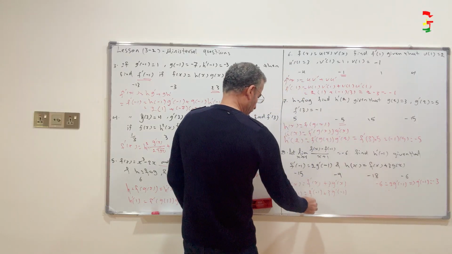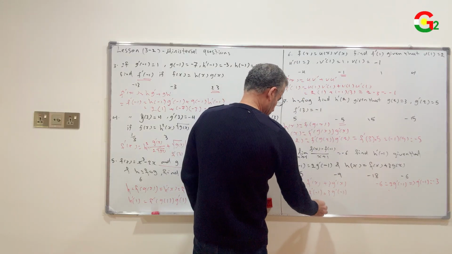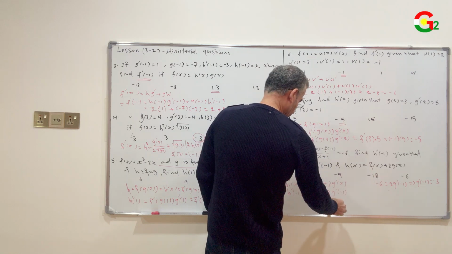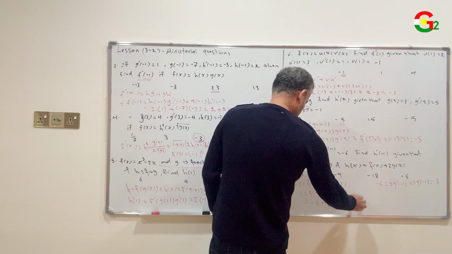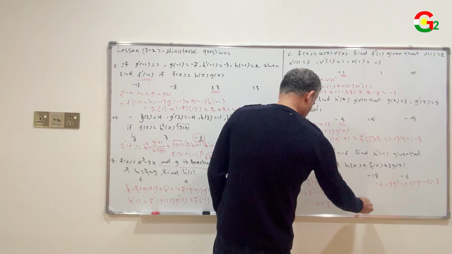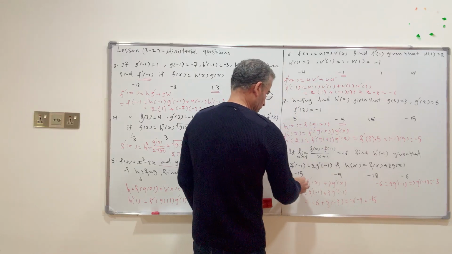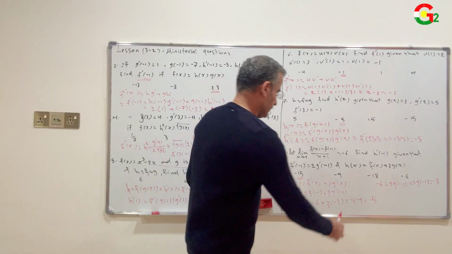Now, f prime of negative 1, negative 6, plus 3 times g prime of negative 1, negative 3, equals negative 6 minus 9, equals negative 15. Choice A, negative 15.